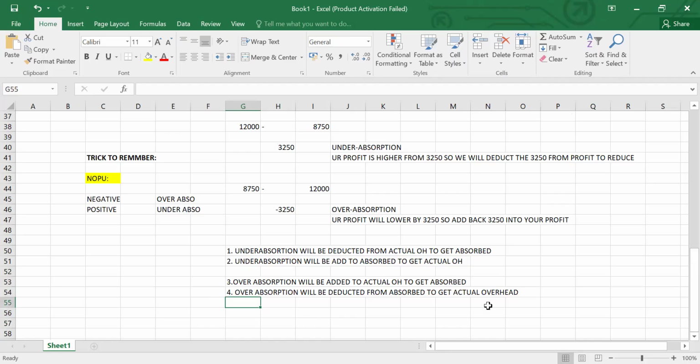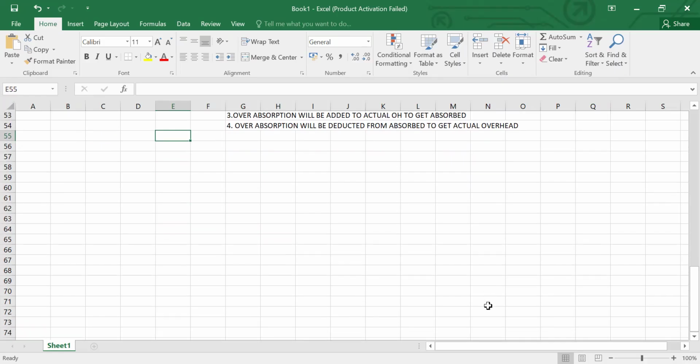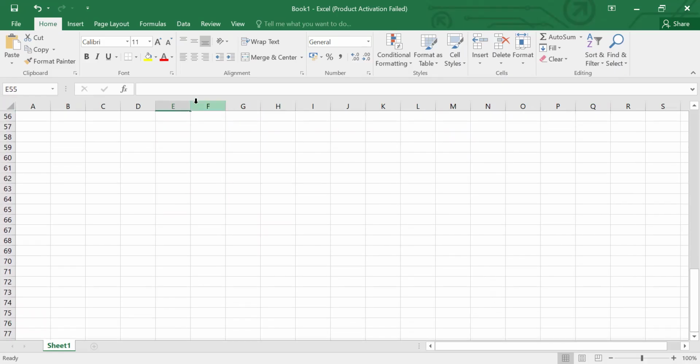Now, this basically brings our chapter, accounting for overheads, to an end. We will now move directly to the new chapter, known as absorption and marginal costing. We will start with marginal costing.